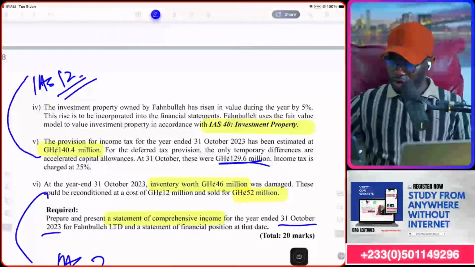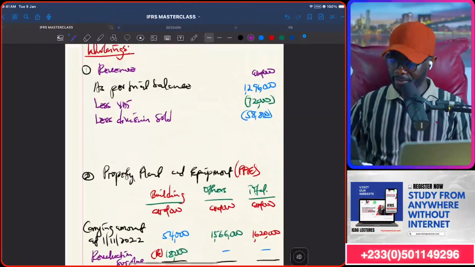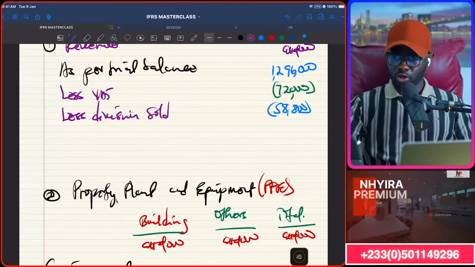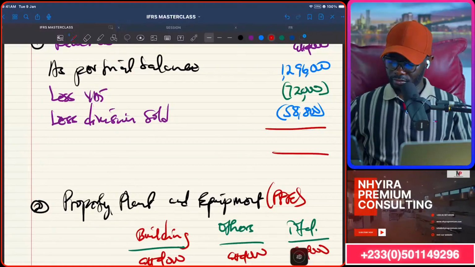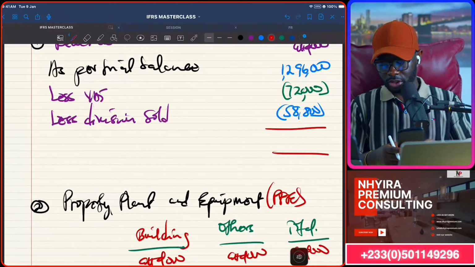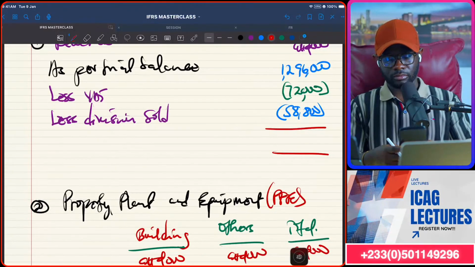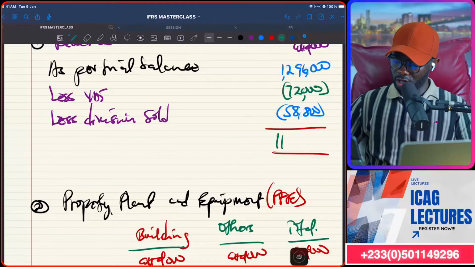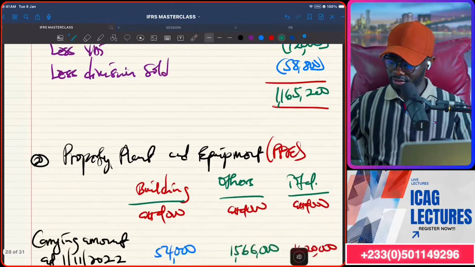So let's go and add the pieces together here. So we start with the revenue to get a total. And that is 116,500.